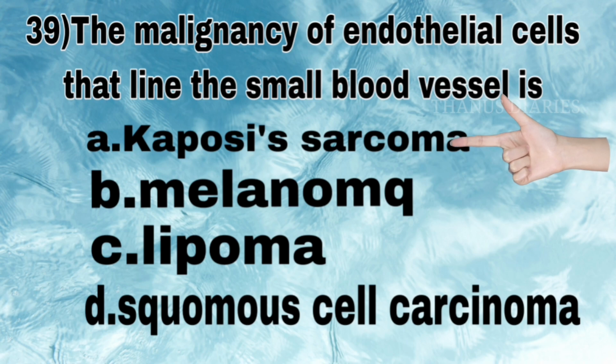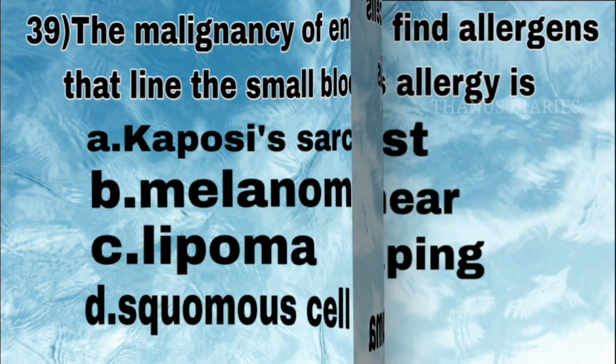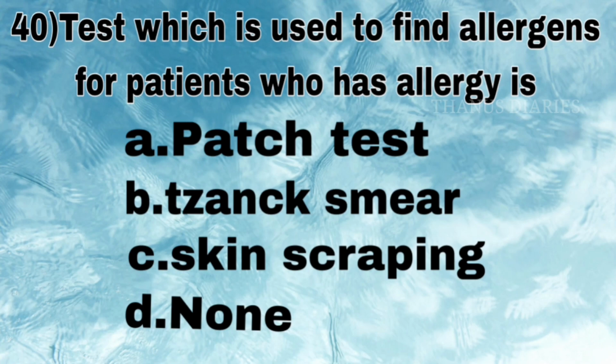It's seen in AIDS, acquired immune deficiency syndrome. Test which is used to find allergens for patient who has allergies, patch test, Tzanck smear, skin scraping and none. The answer is patch test.